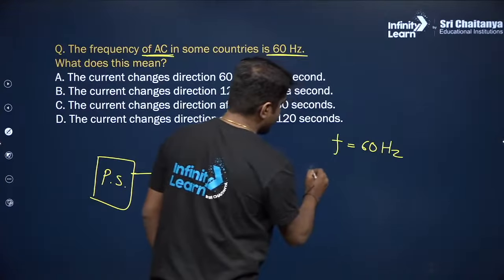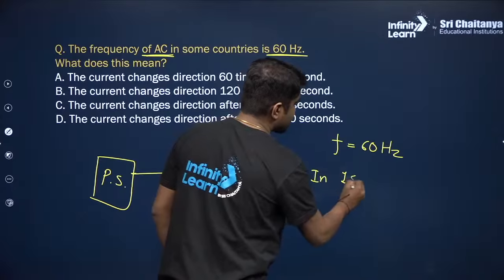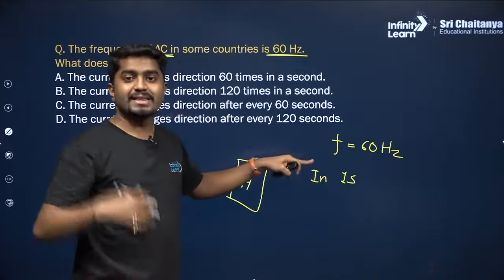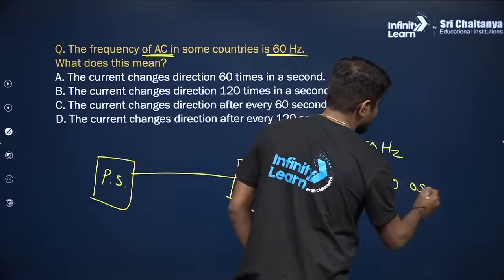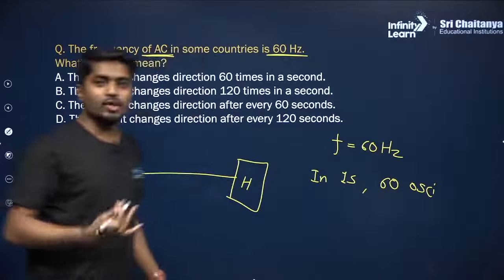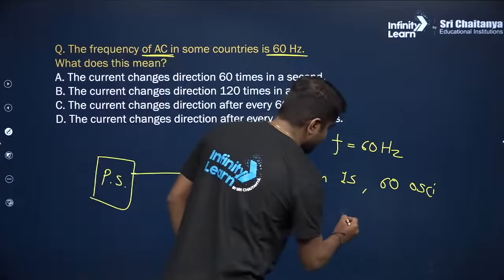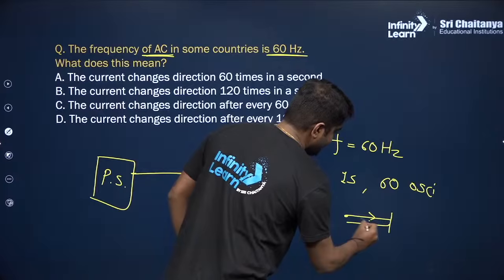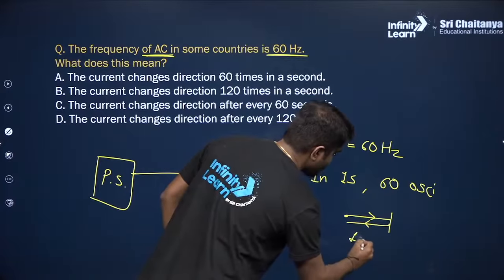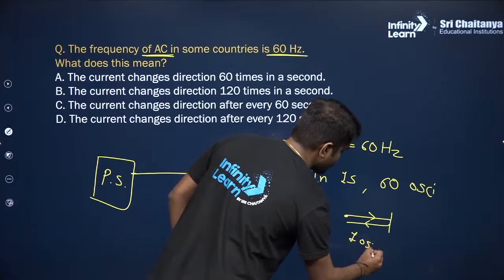That means in 1 second, this AC completes 60 oscillations. Now what is one oscillation? If any particle starting from here goes to one end and comes back, that is one oscillation. Correct?